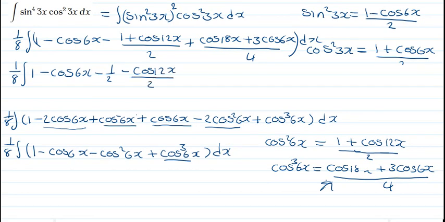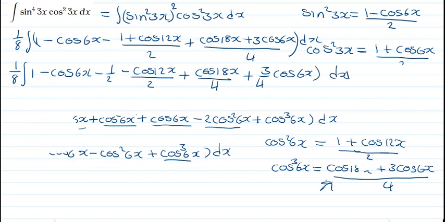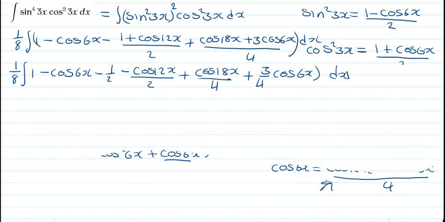Then when you split this part, we're going to have plus cos 18x over 4 plus 3 over 4 cos 6x dx. With this, we can further simplify our integral.